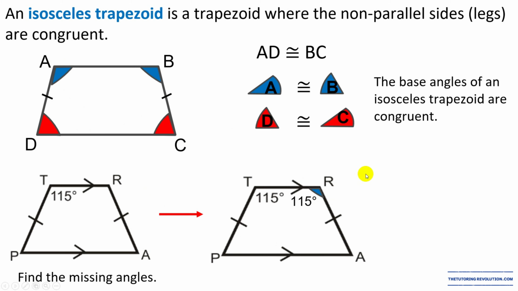And we also know, because of the properties of all trapezoids, that these two angles that share the same leg are supplementary, together they are 180. So angle P is going to be 180 minus 115, which is 65. And if this is 65, angle A will also be 65, because again, we're in an isosceles trapezoid where the base angles are congruent to each other.